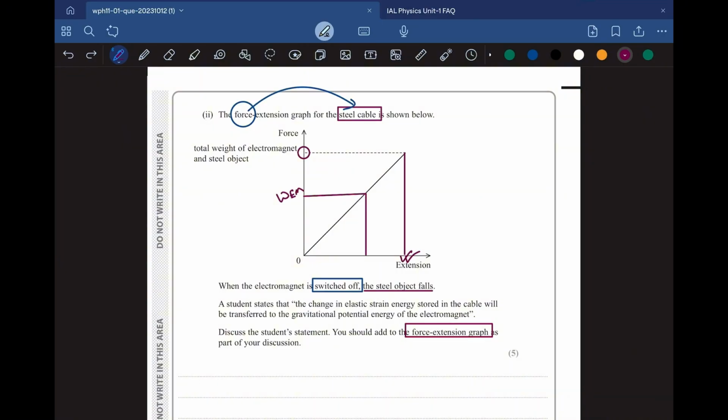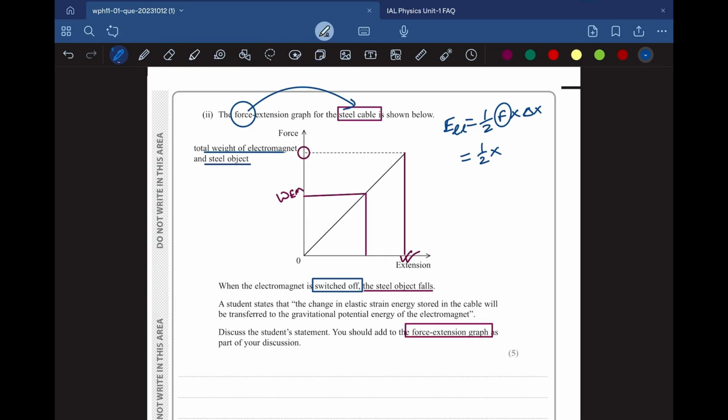Before that we can write down a few more things as well. We know the formula of elastic strain energy is equal to half into F into del x. And here, this force is the force of both the weight of the electromagnet and the steel object.